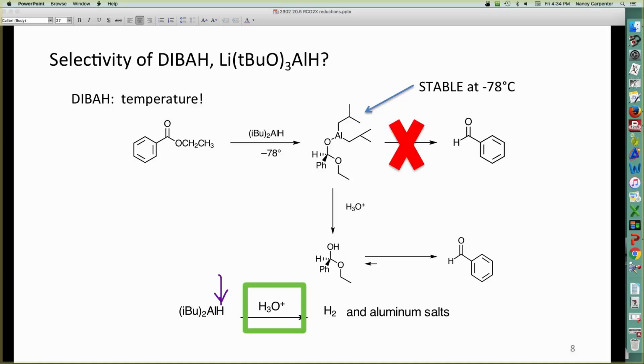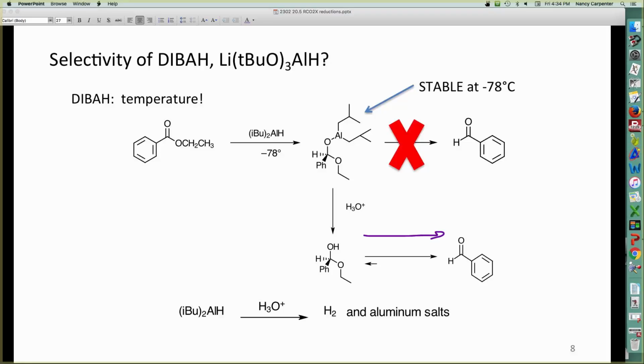There's no hydride. What is happening to that intermediate is I'm protonating the alkoxide. So I've gone to this, let's see, what is that? Hemiacetal. And the hemiacetal, as you know, is in equilibrium far, far, far, far, far to the right with the carbonyl, the aldehyde.